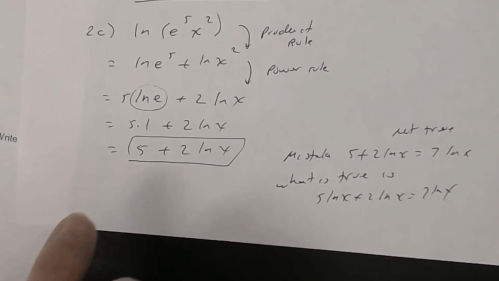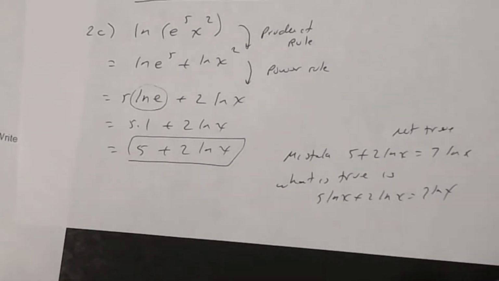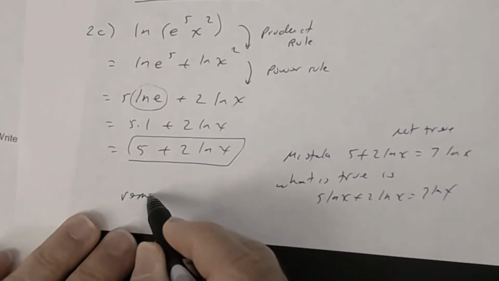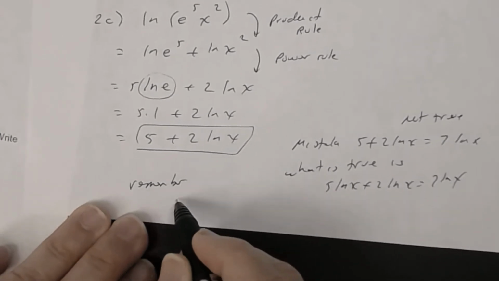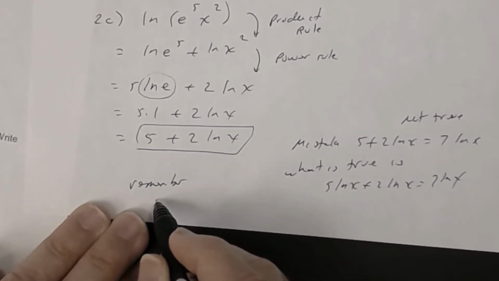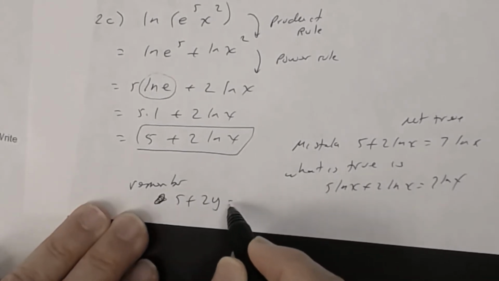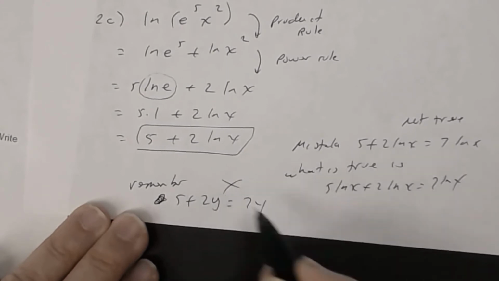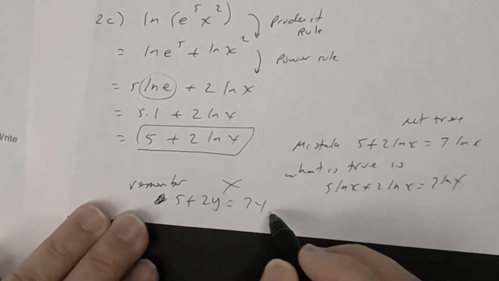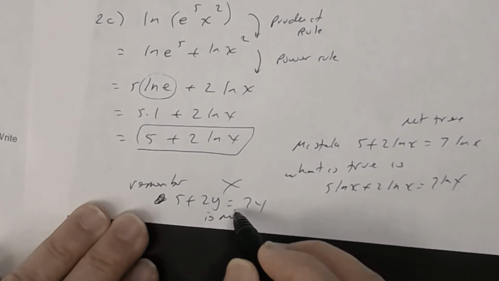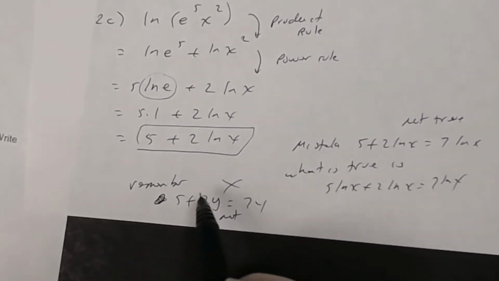So don't say that's a 7. Don't say 5 plus 2 is 7. Remember, it's the same idea. 5 plus 2y is not 7y, right? Same idea.